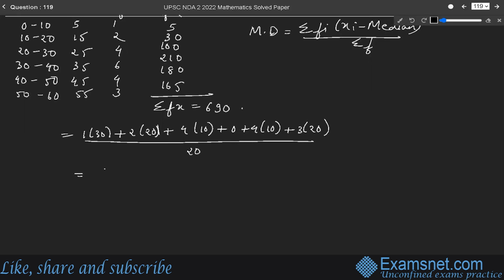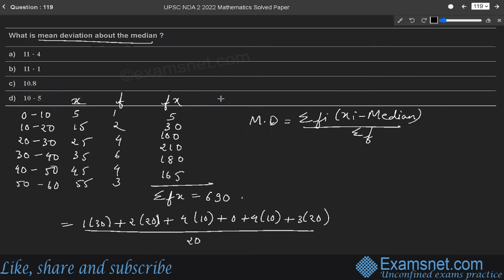On further solving, it will be 30 plus 40 plus 40 plus 40 plus 60 upon 20, which equals 10.5. So this is the mean deviation about the median. The correct option here is option D.